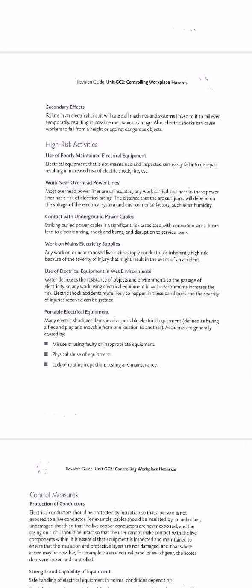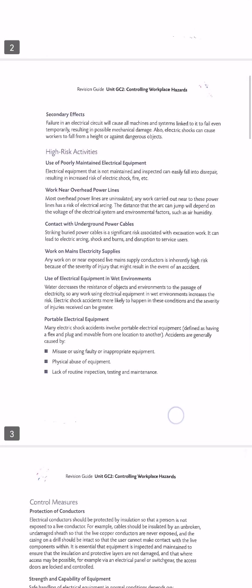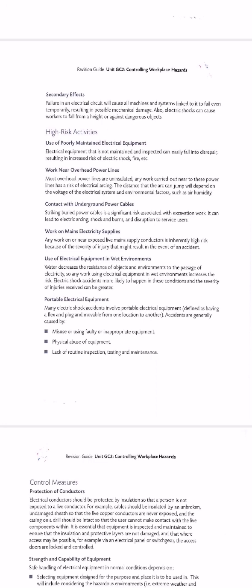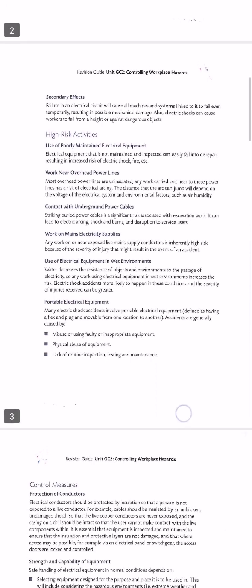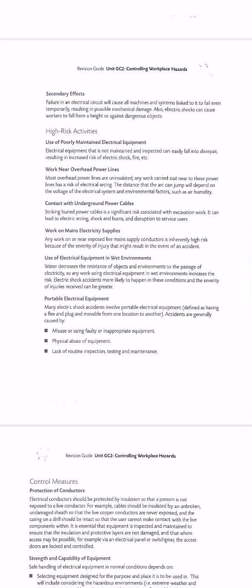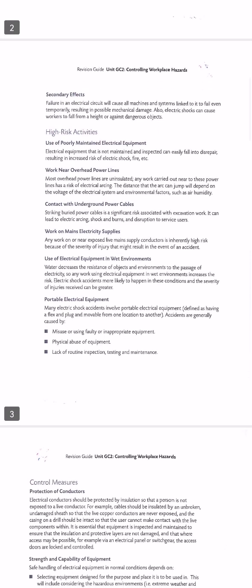So any worker using electrical equipment in a wet environment increases the risk. Electrical shock accidents are more likely to happen in this condition, and the severity of the injury received can also be greater, right?